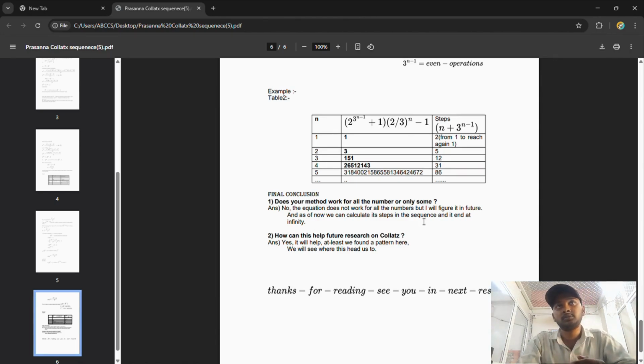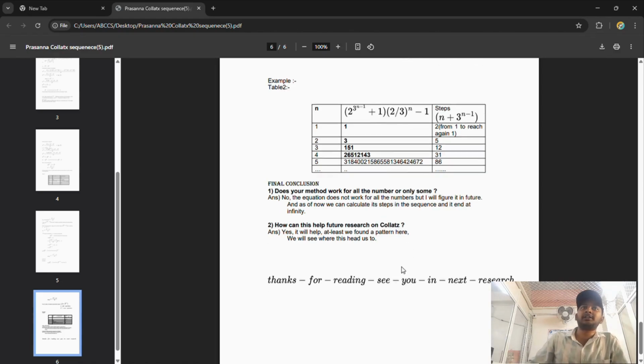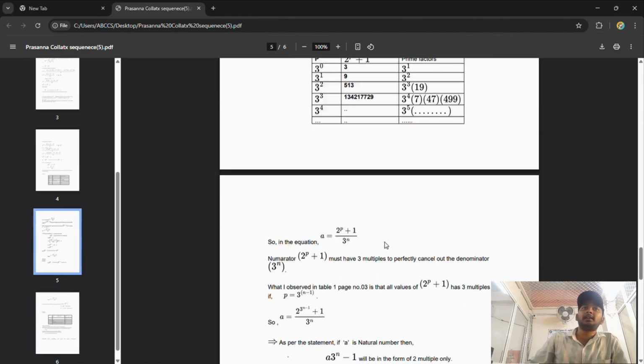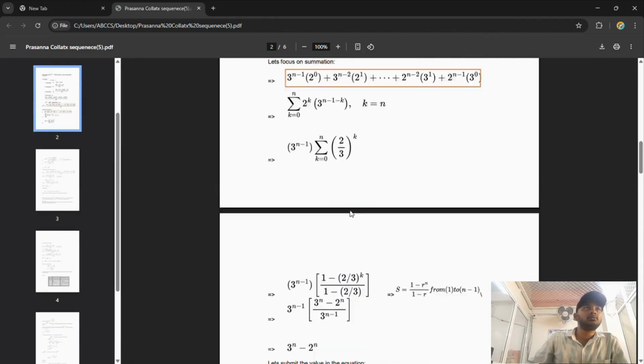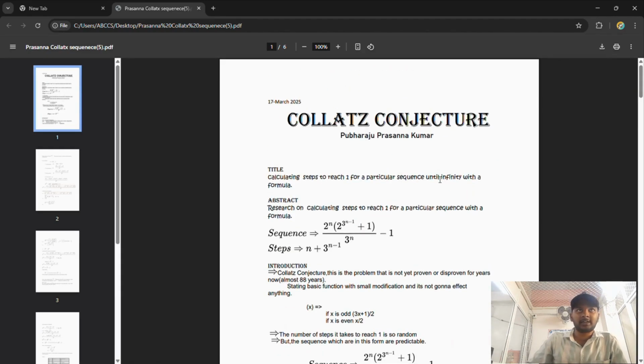Whenever the number x is in the form of 2 to the power of something, it will reach 1 in its power value. That's the basic knowledge. This is a different one that is related to that. I hope you guys understand this.